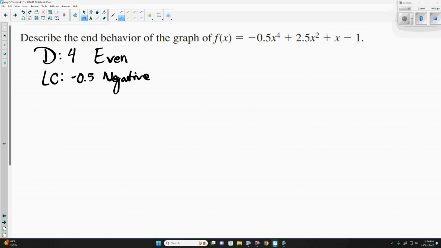So, if we look at the chart, the degree is even and the leading coefficient's negative.